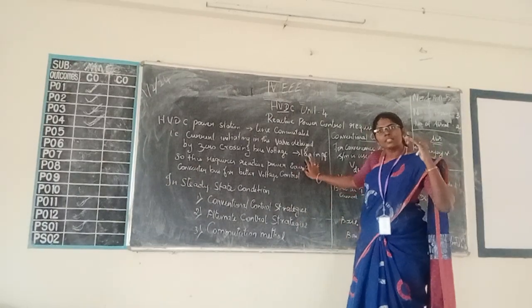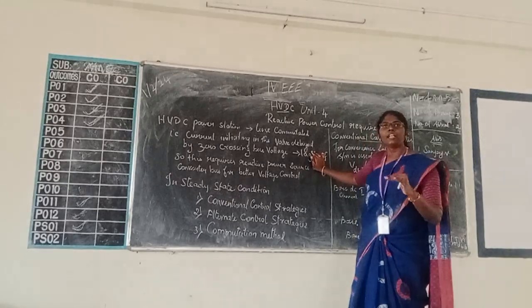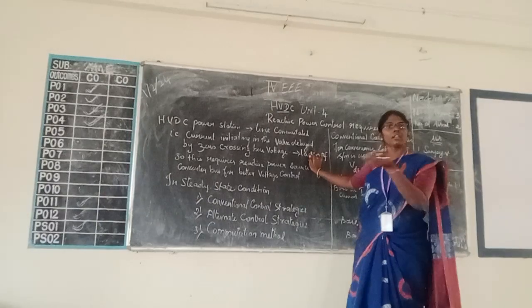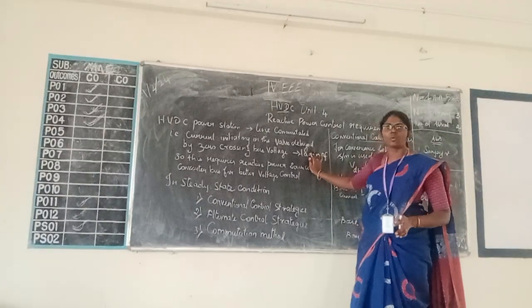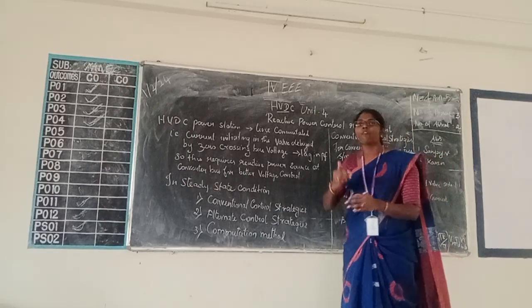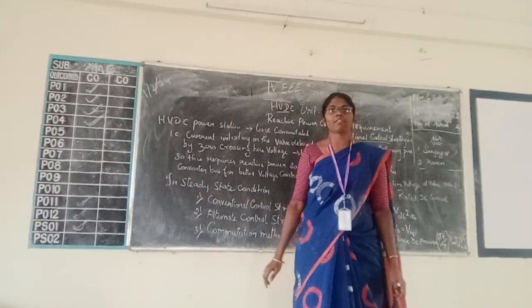Okay, if it decreases, a lag in power factor will lead to some losses in the conversion stage. So in order to reduce the losses, we have to improve our power factor, or increase our power factor to the sustained value.